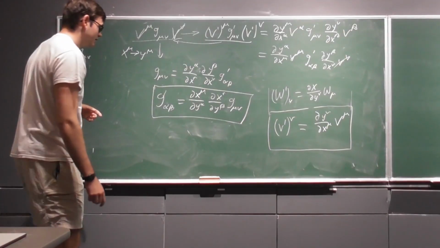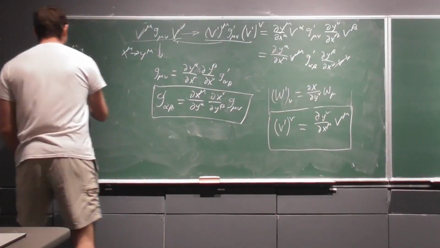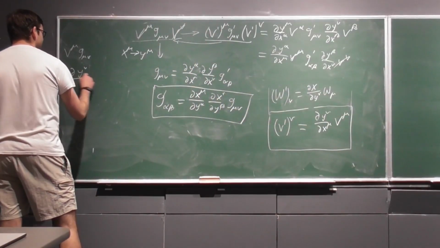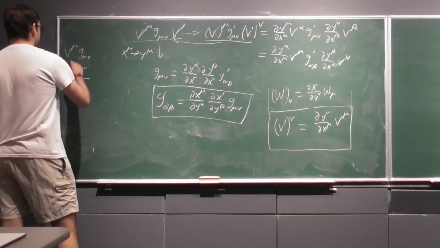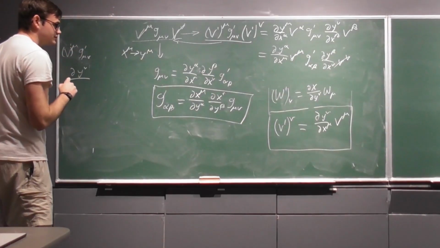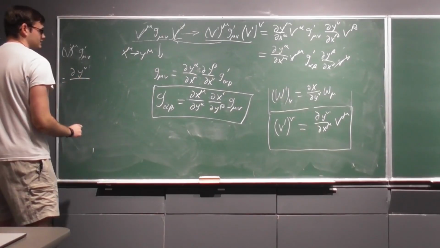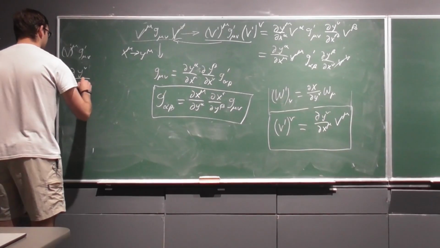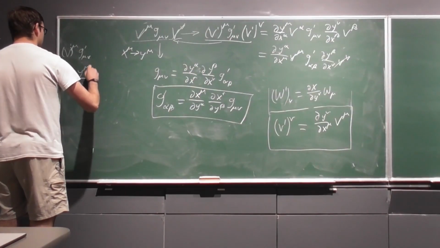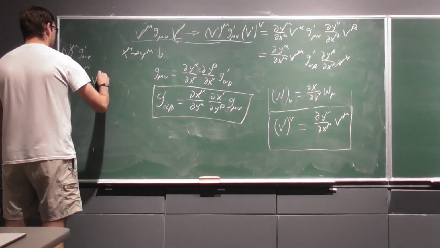Okay, let's go through the rigmarole. If this was primed, what would this transform to? So dy nu. Sorry, that's a mu. We'll call this alpha, and then we get the alpha.